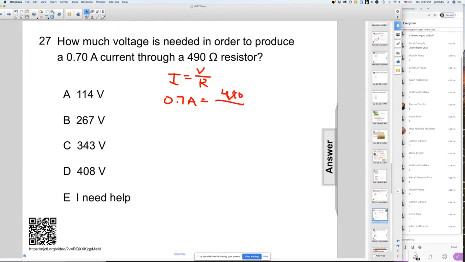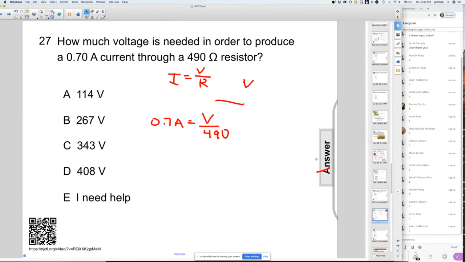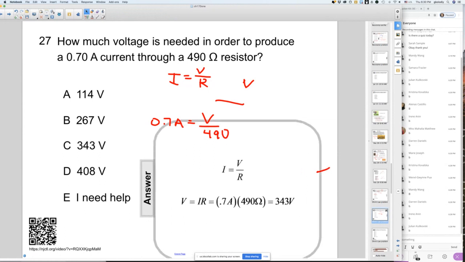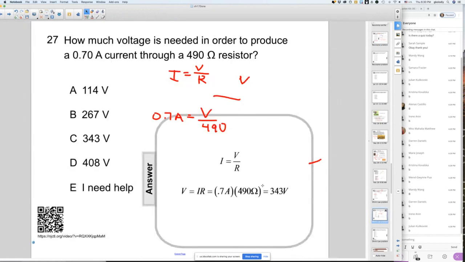Let me just erase it. So solving for V equals IR, 0.7 times 490 is 343 volts, and C is the right answer.